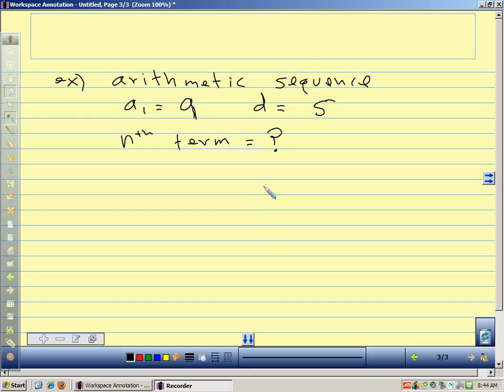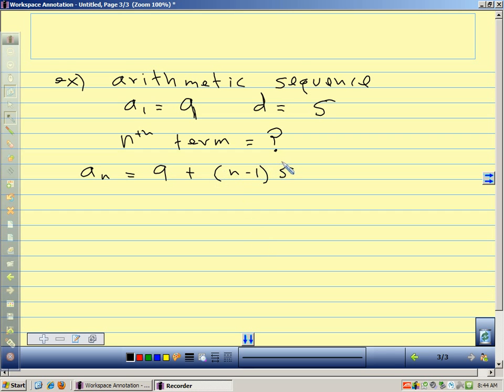So we just want to write our formula for our nth term. We just use the formula that we just came up with: a sub n equals a sub 1 plus n minus 1 times 5.